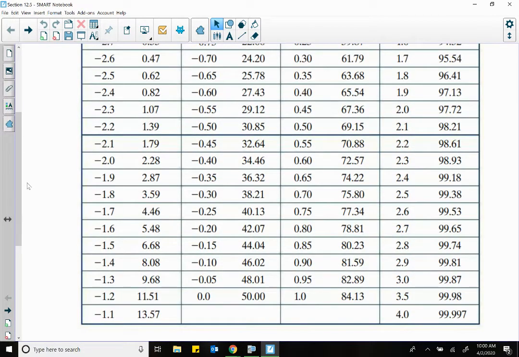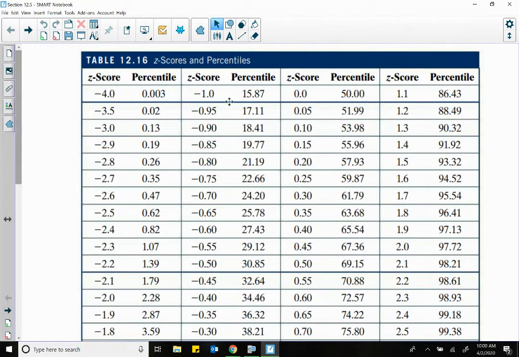You're not memorizing this. When you do these problems from section 12.5, they will provide you the part of the table that you need. But I want you to look at the table so you know that it's there. The table is quite a bit larger than this, and in Stat 2023 you'll see what the full table looks like.